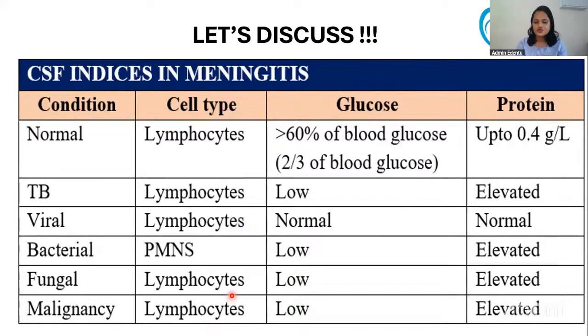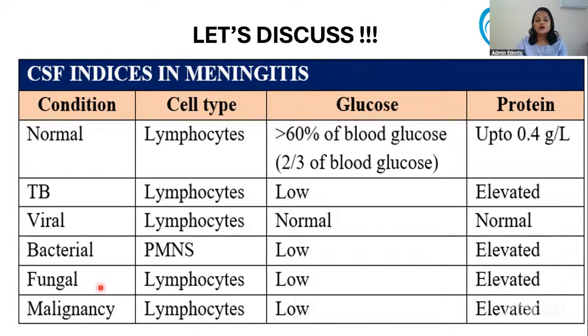It is also mentioned that the glucose and protein levels are normal. When some kind of infection happens, usually in the CSF the glucose levels decrease and the protein levels increase. But here it is specifically mentioned that glucose and protein levels are normal.